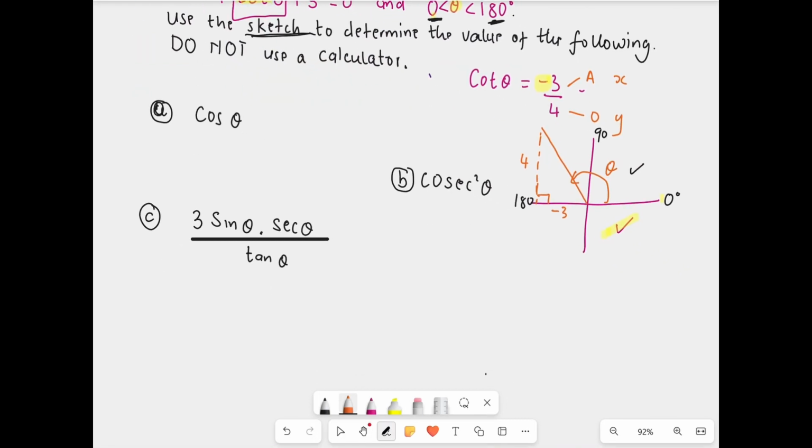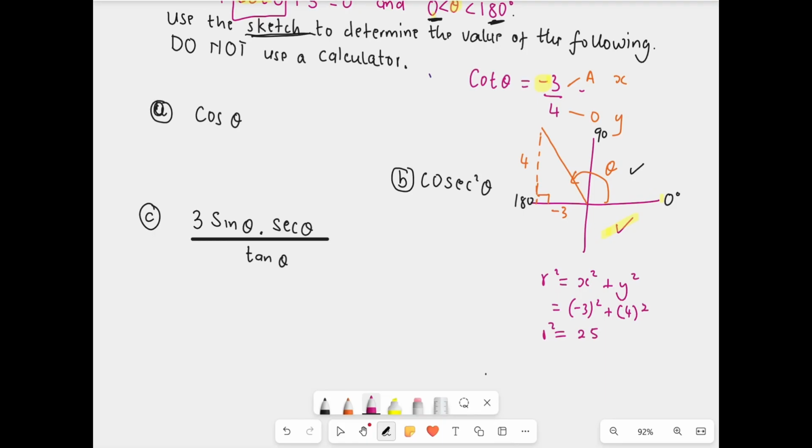So we know very well that r squared is equal to x squared plus y squared. Now, this is equal to, we do have our x as negative 3 all squared, plus we do have our y as positive 4 all squared. And then from here, we will get 25.